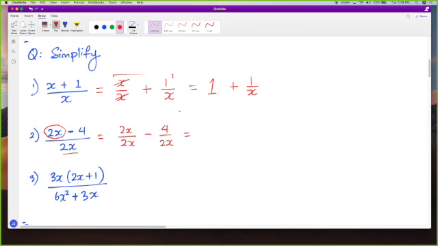So this 2x and this 2x will cancel to give me 1. I have the minus sign, and then 2 into 2 is 1, 2 into 4 is 2. So this will be 2 over x.